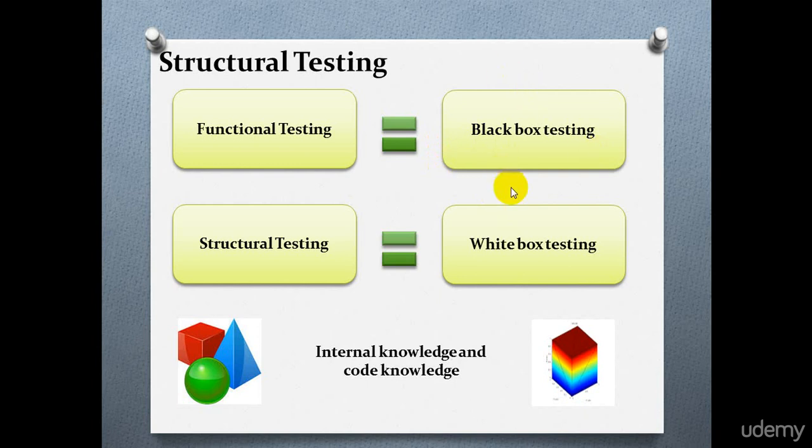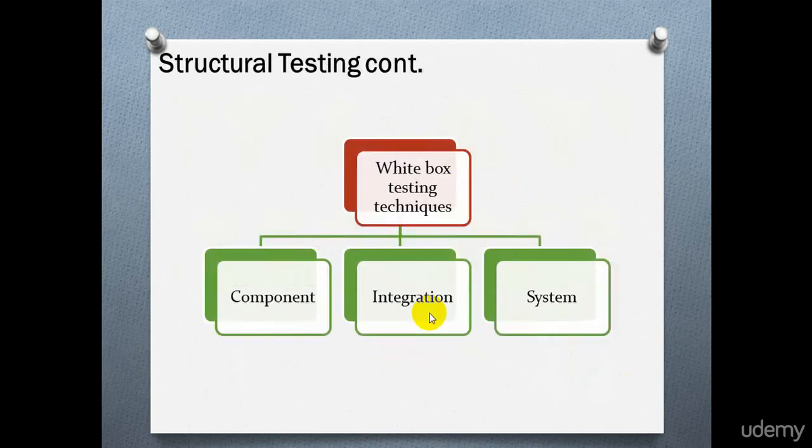So in simple terms, functional testing is black box testing, which means we are testing the functionalities of the application based on the functional specification document, and structural testing is white box testing. Here we are testing the application with the help of the internal architecture of the application. For this you need some development skills.